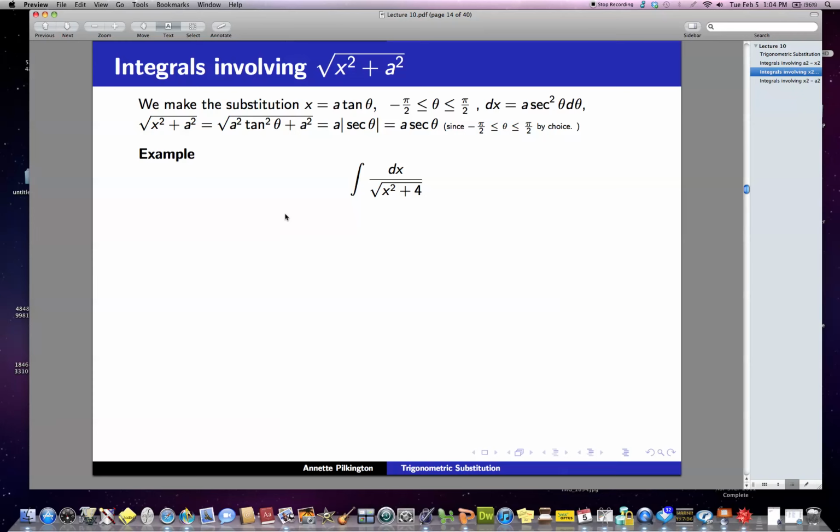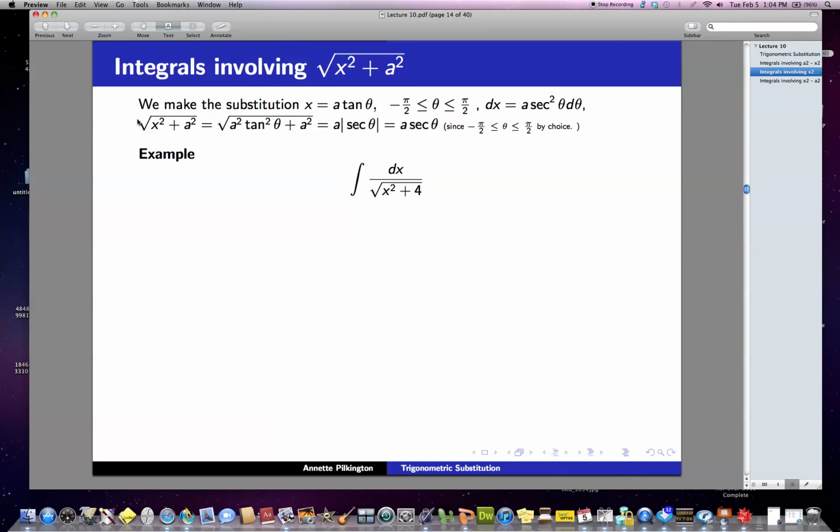And of course dx will then be a times secant squared of theta d theta, and the square root of x squared plus a squared will be the square root of a squared tangent squared theta plus a squared, which is a times the square root of tangent squared theta plus 1, which is a times the absolute value of secant, which is just a times secant of theta. Because of how theta is chosen, the absolute value of secant is secant here.